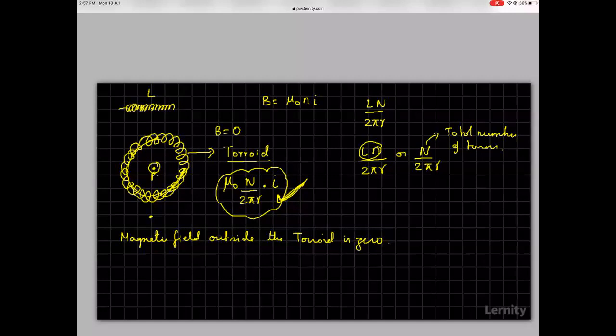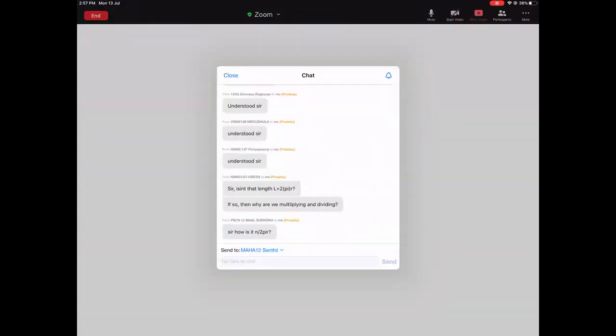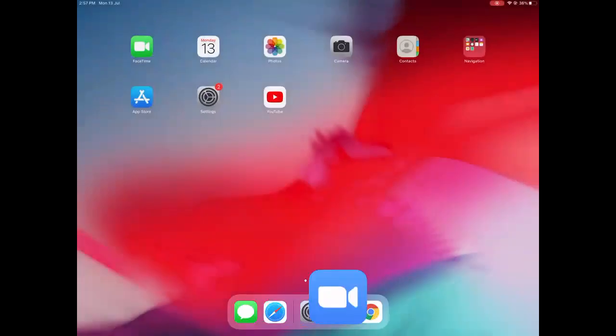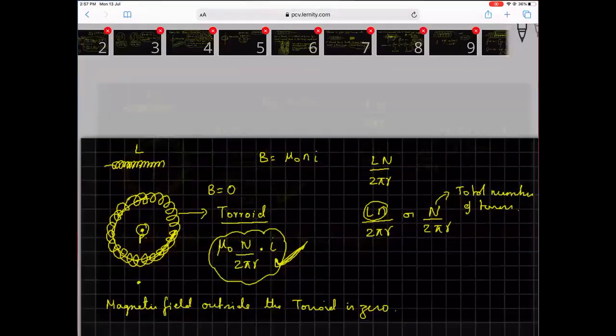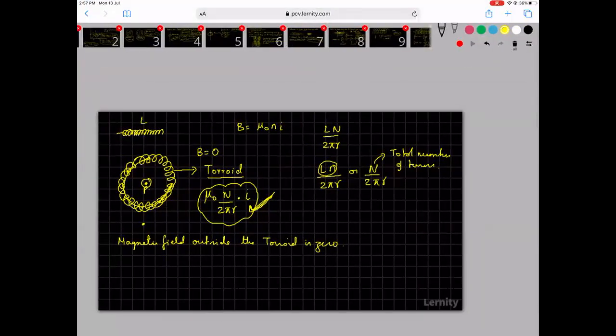So here it is not small n, it is capital N for the total number of turns. You are taking a straight solenoid and bending it into a circle. So this L is becoming 2 pi r, so N divided by 2 pi r will give you the number of turns per unit length.